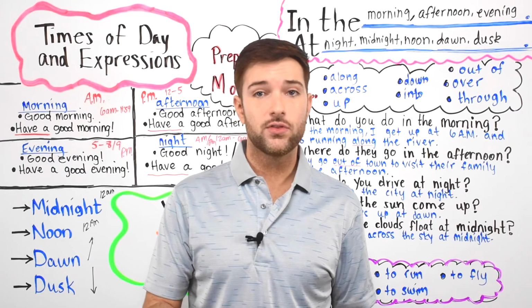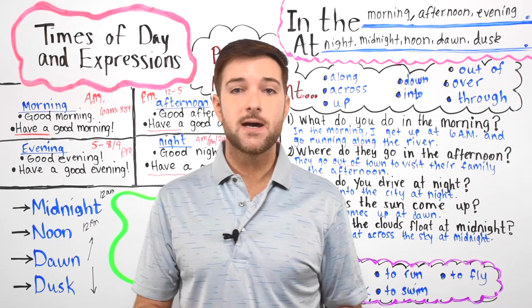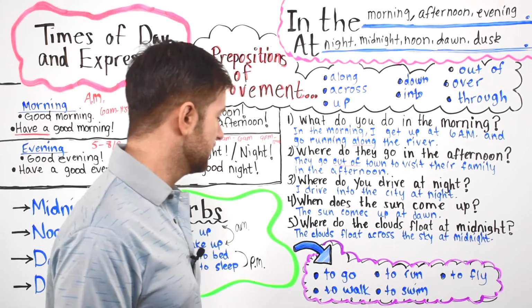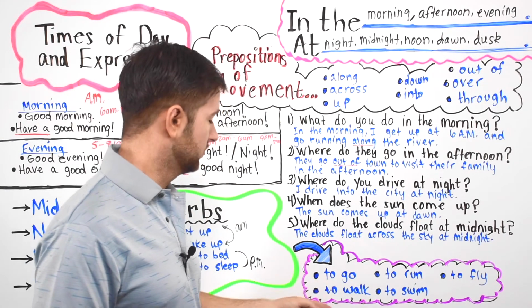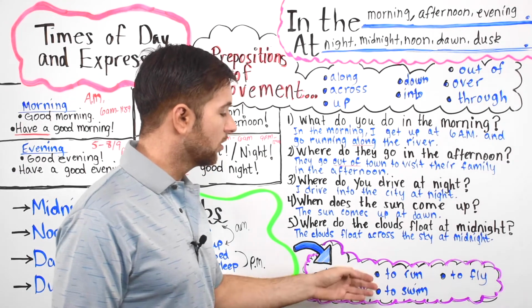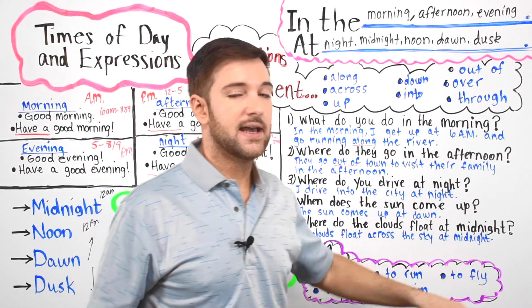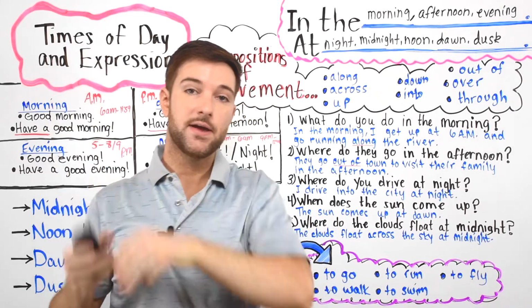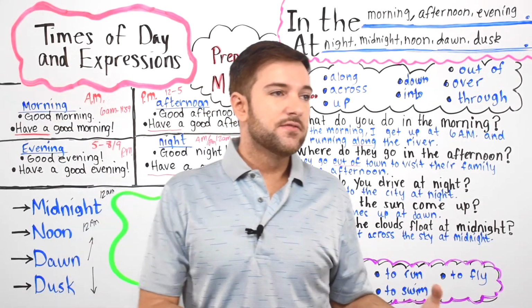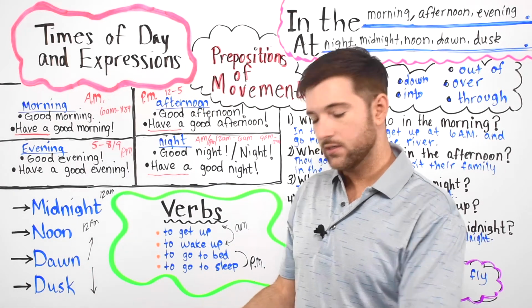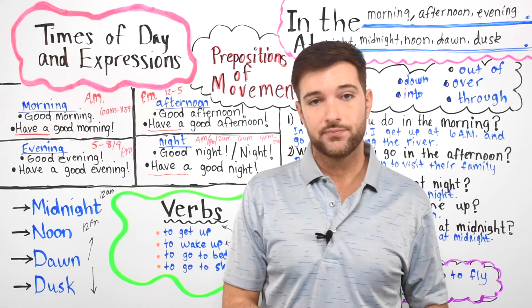Moreover, the preposition of movement must come after the verb of motion. A verb of motion is a verb such as to go, to walk, to run, to swim, or to fly, like a bird. It's a verb that takes you from one place to another place, from point A to point B.